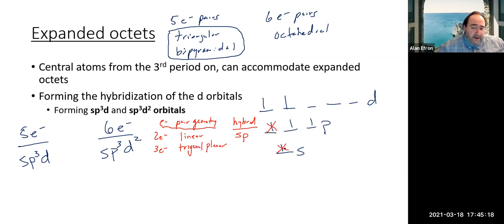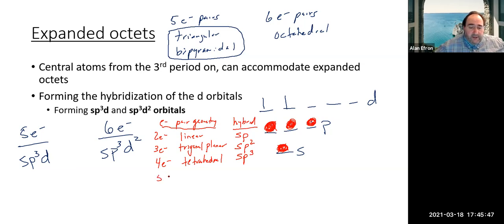Again, just counting 1, 2, and 3, that's an S and 2 Ps, which gives us sp2. 4 electron pairs around whatever you're counting there is a tetrahedral geometry for our electron pairs. Again, 1, 2, 3, and 4 here. And that would give us sp3 hybridization.